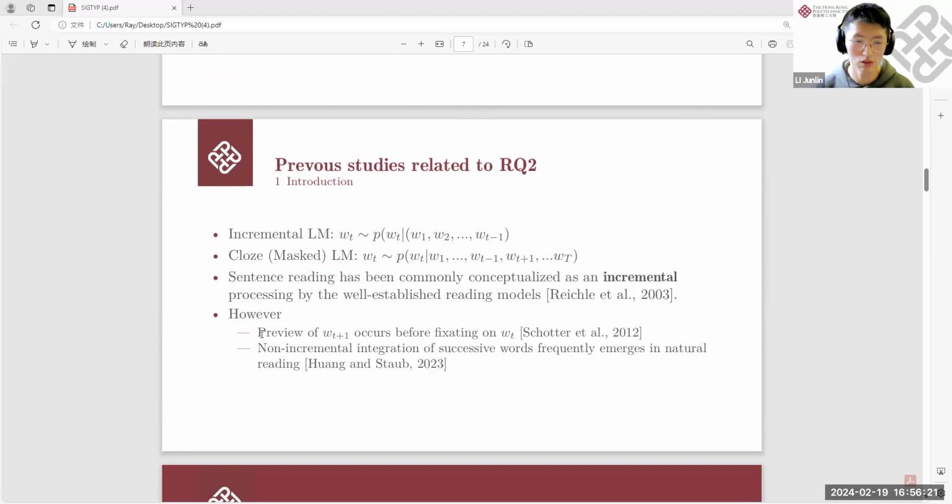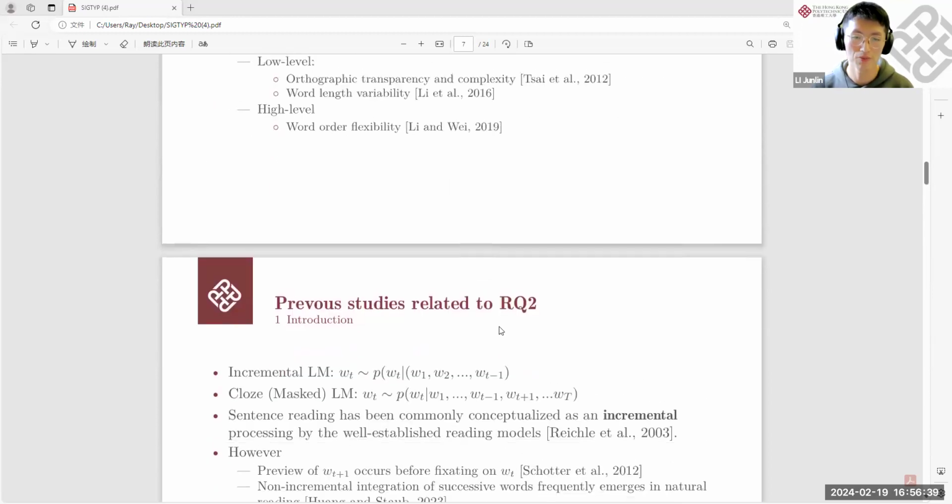However, we know that there's a preview of upcoming words when we are fixating on the current word, and it is also not new knowledge that there's a non-incremental integration of successive words that frequently emerges during natural reading.